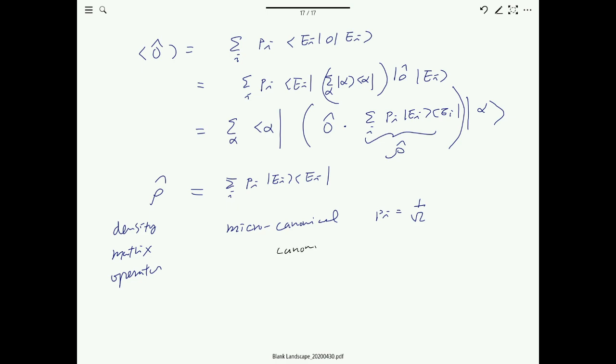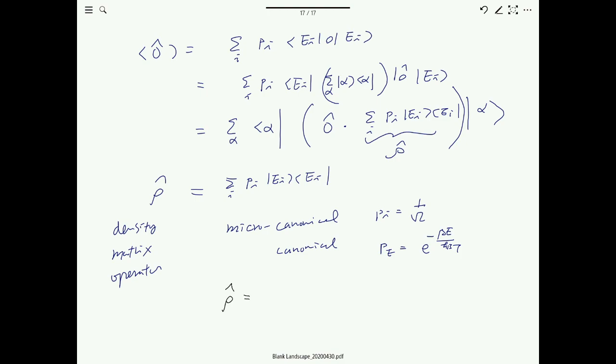For the canonical ensemble, that just means my PI is exponential of minus beta E, and then I sum over all different energies. Different ensembles mean different weights.